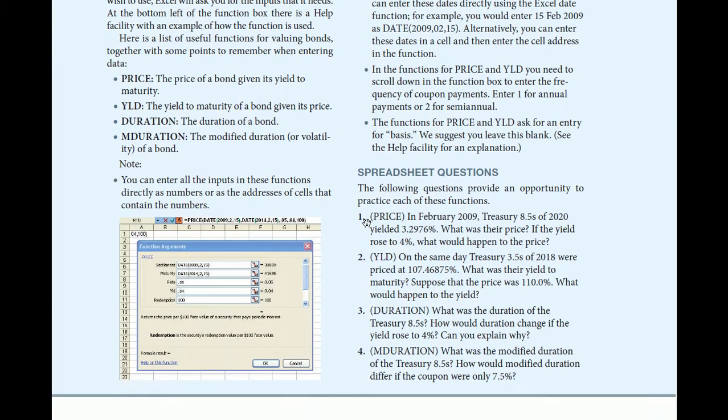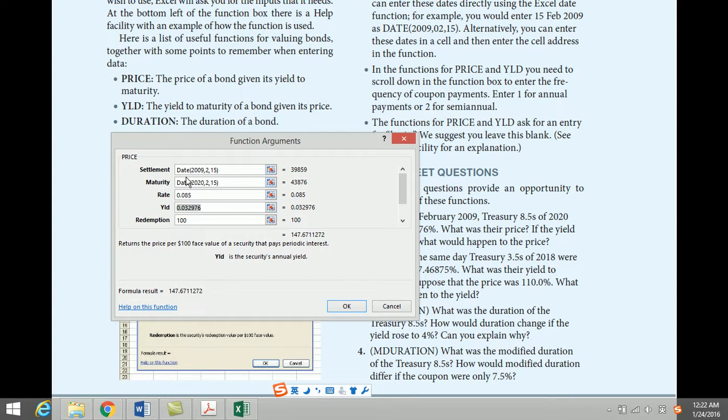So let's try the first. In February 2009, Treasury 8.5% coupon semi-annually of 2020, maturing in year 2020, yielded 3.2976%. What was their price? Let's see. So we set a transaction date.